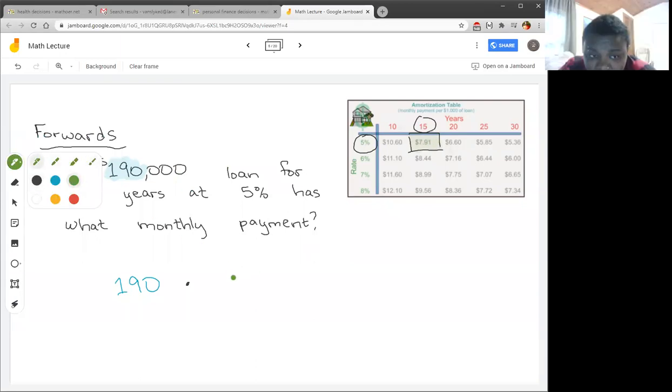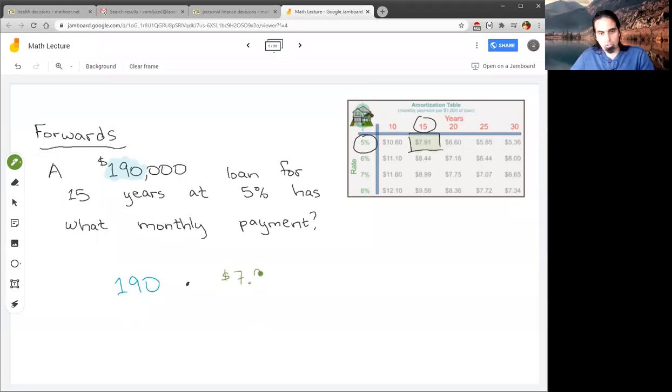Only the 190, not 190,000. They could have made this table using tiny decimals and you'd multiply by the actual loan amount. And then it would say at the top per dollar of loan. But that's not what they chose to do.